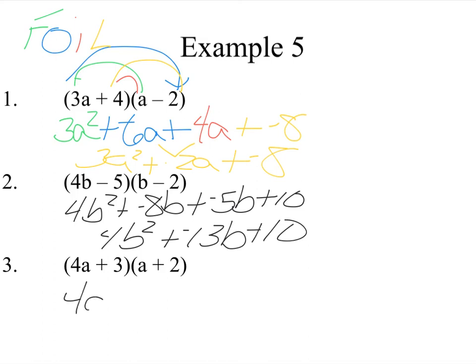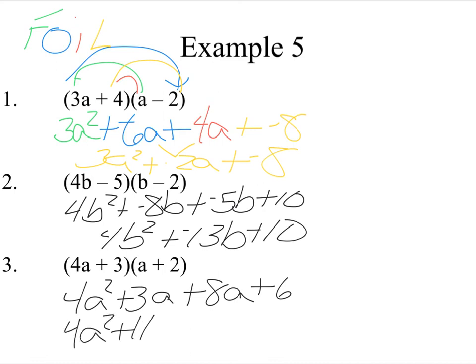Last one, 4a squared plus 6a plus 8a plus 6. That's not right. Should be a 3a. Middle two terms are going to add together, and we get 4a squared plus 11a plus 6.